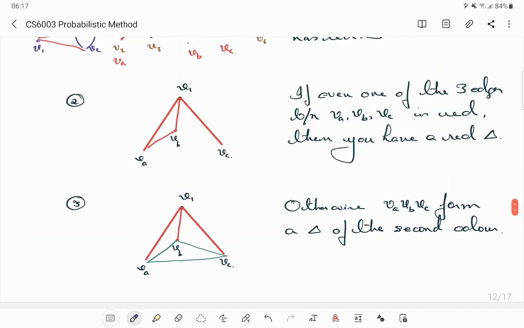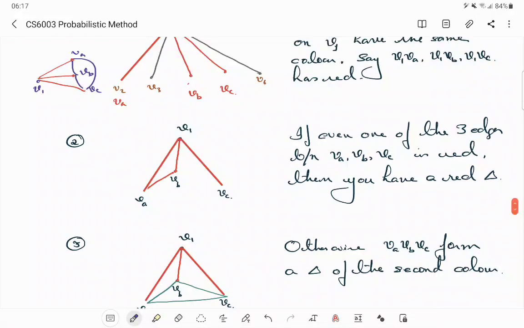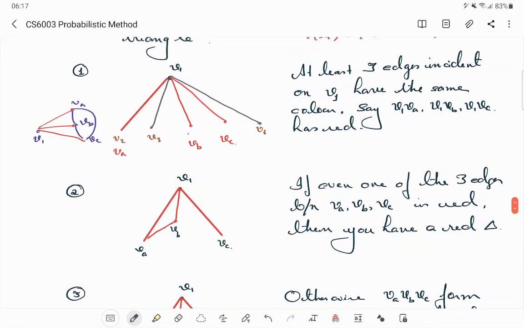This is essentially a generalization, or it will go similar to the idea that we have used here, but you may have to do that repeatedly. Remember, if you take a vertex V1, since the graph under consideration is K100, there are 99 edges incident to V1. So by the pigeonhole principle, at least 50 of them are of the same color.